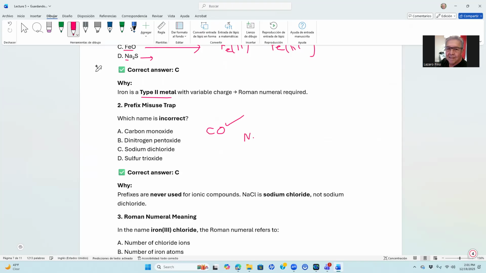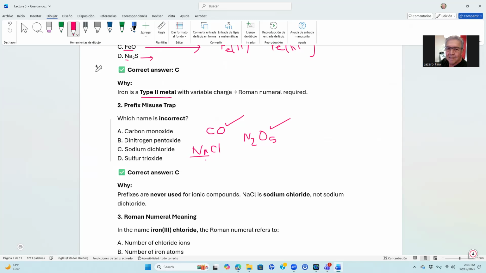Dinitrogen pentoxide, this is correct. Sodium dichloride? Sorry, no number 2 here. Sodium chloride. Let's see what's going on here.